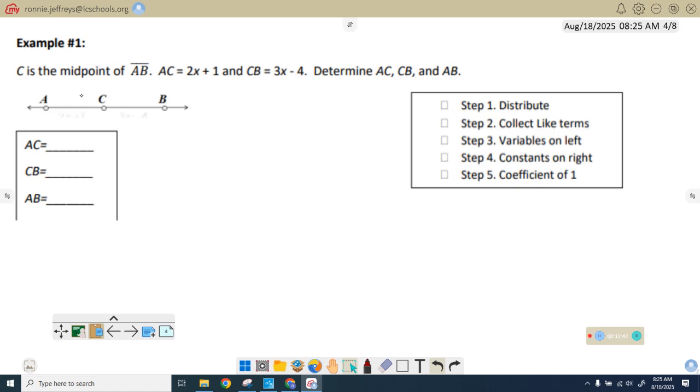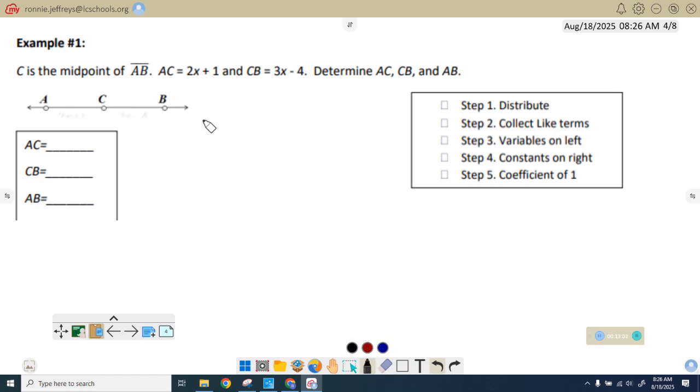So we're given C is the midpoint of this. We have this and this, and we're going to find that this. I didn't read it exactly to you. Hopefully you can read that. If not, you need to come out and we'll talk later. The main thing is setting it up.